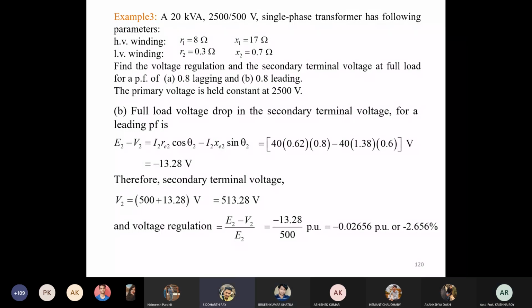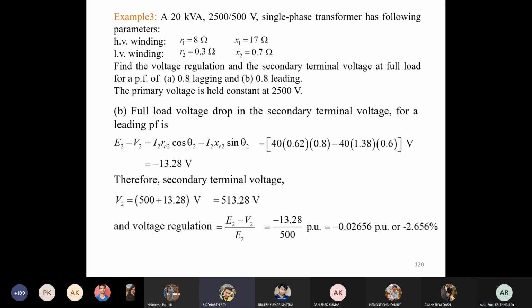Capacitive. Yes. So when there is some capacitive load connected, you see the terminal voltage is 513.28, which is greater than the induced voltage, that is 500. So if you connect some capacitive load to the transformer, its terminal voltage across the load will increase from its no load value. And in that case, this voltage regulation will be negative.